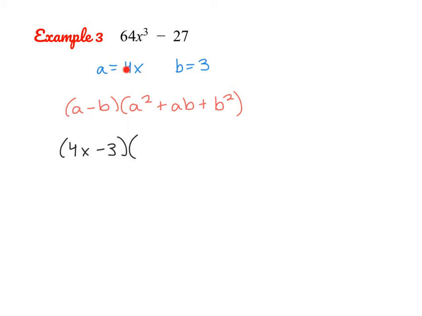So that means we need to square the 4 and the x. A lot of people forget to square the coefficient. So 4 squared is 16, and then we have x squared, plus, now we have to do a times b, so 4x times 3 is 12x, and then 3 squared is 9. So just be really careful with those a squared and b squared terms if you have a coefficient and a variable.